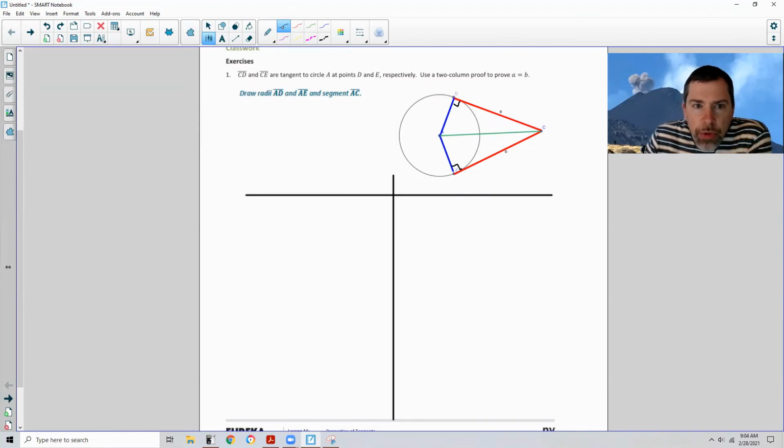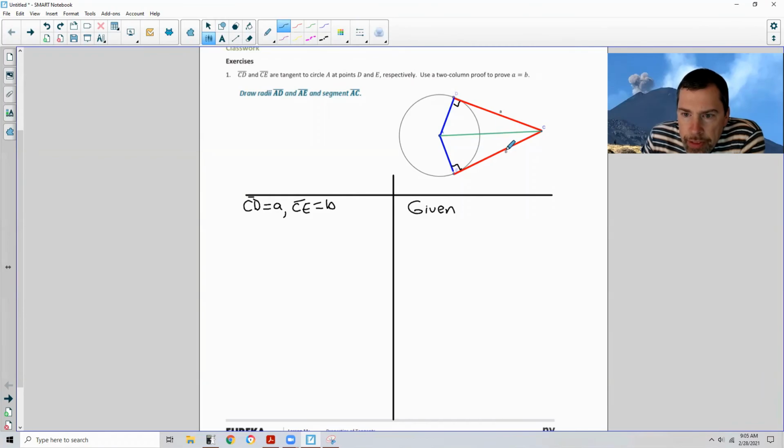So what's the first thing we're going to do in our proof? Well, what is CD? First thing we're going to do is say segment CD equals A and segment CE equals B. And that is a given, obviously.